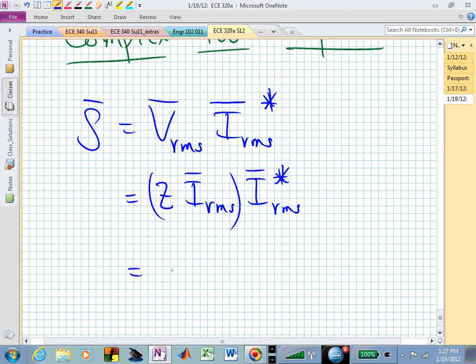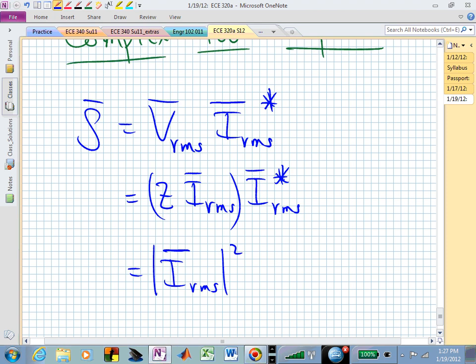And this tells me then that I have I RMS magnitude squared. So if you don't believe me, go home and look at A plus JB times A minus JB. Multiply those out in the rectangular manner, and you'll see that you end up with A squared plus B squared. The J terms will cancel each other out.